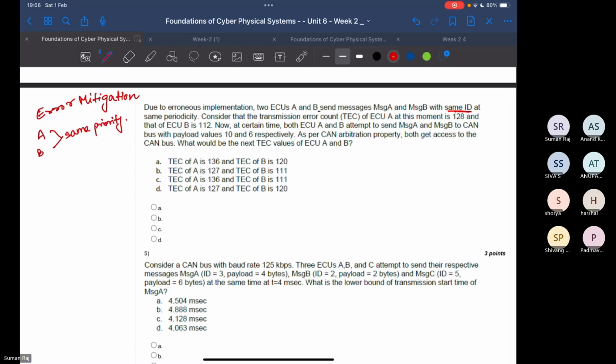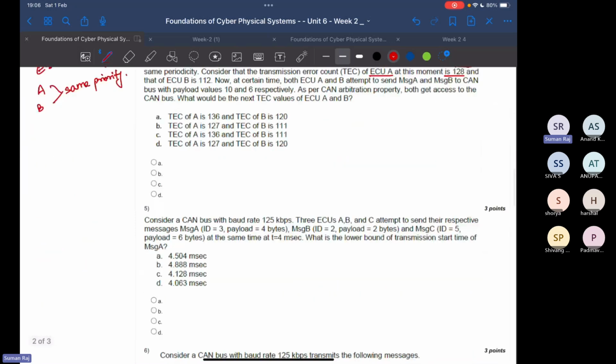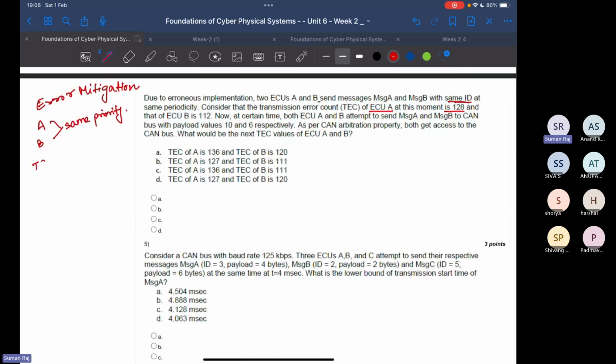All right. Now consider that the transmission error count of ECU A at this moment is 128. So TEC of A, I'm just writing it down, 128, and of B it is 112. So since the ID is the same for both of them, they are getting the same priority.